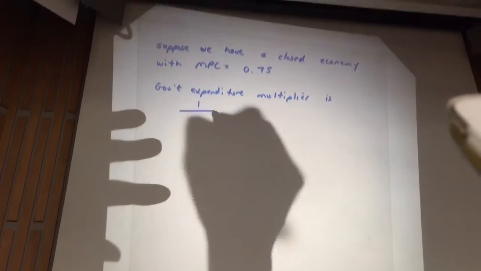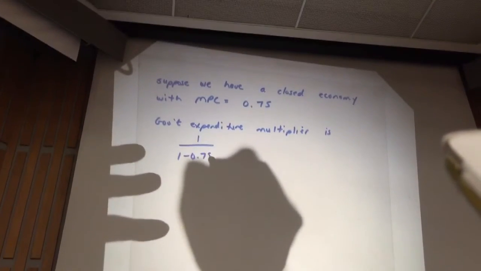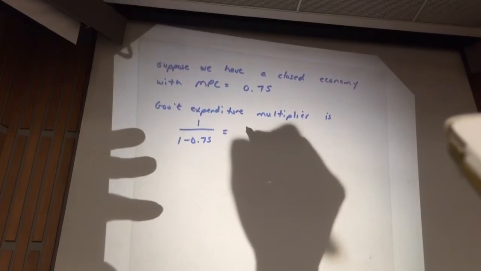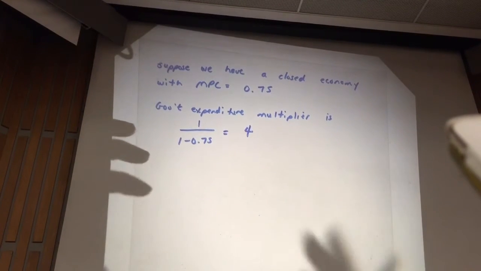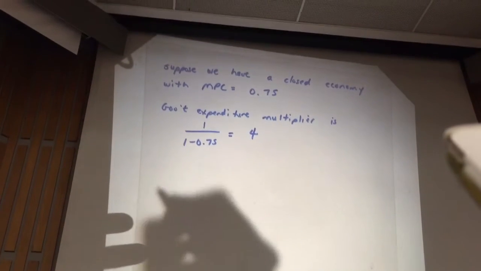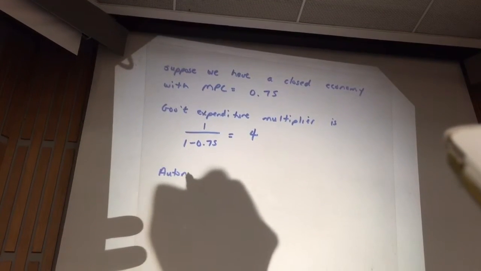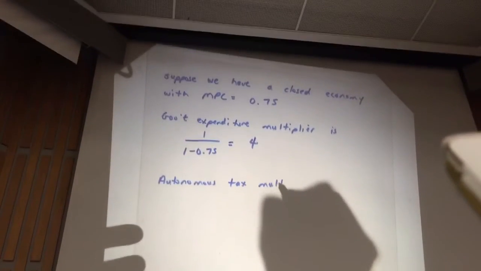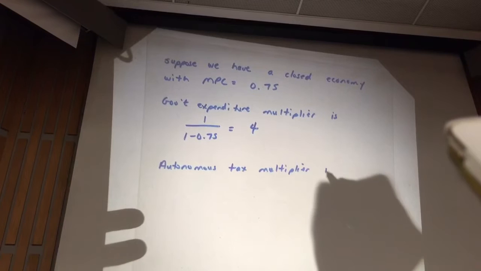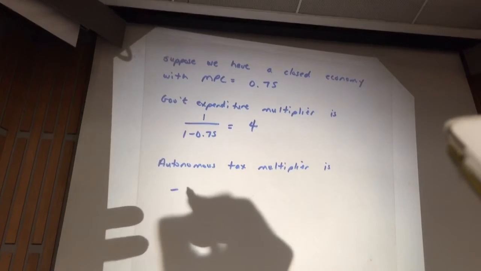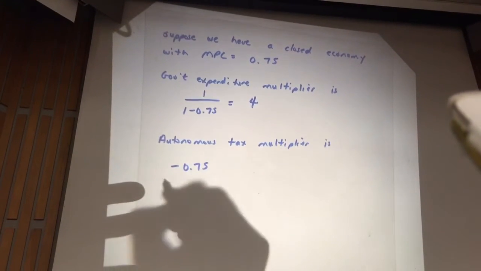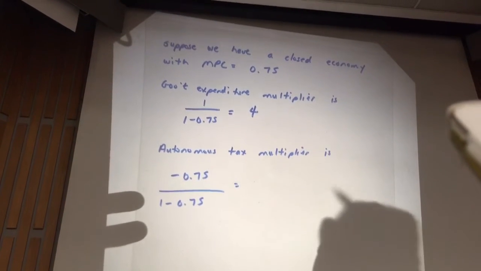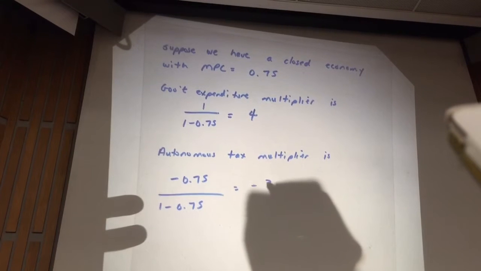It's going to be 1 over 1 minus 0.75, which is what? Which is 4. Okay. The autonomous tax multiplier is negative MPC, so negative 0.75 divided by 1 minus 0.75, which is equal to negative 3.